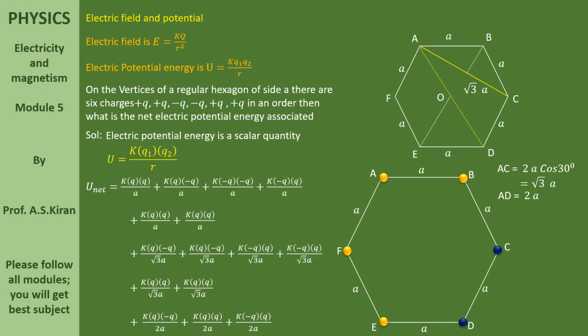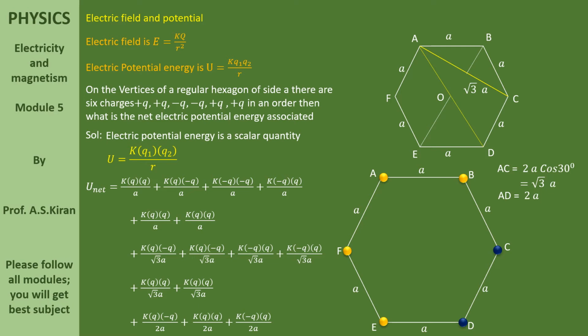Similarly, BE is a pair. Similarly, CF is a pair. Now, for those three pairs, let us observe the electric potential energy. With respect to the AD pair, KQ minus Q by 2A. Where does this 2A come from? It is explained in the hexagon properties. AD length is 2A.